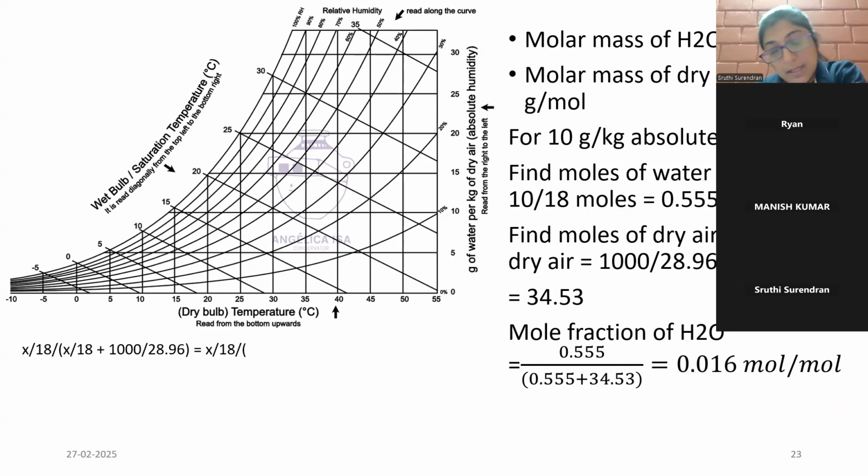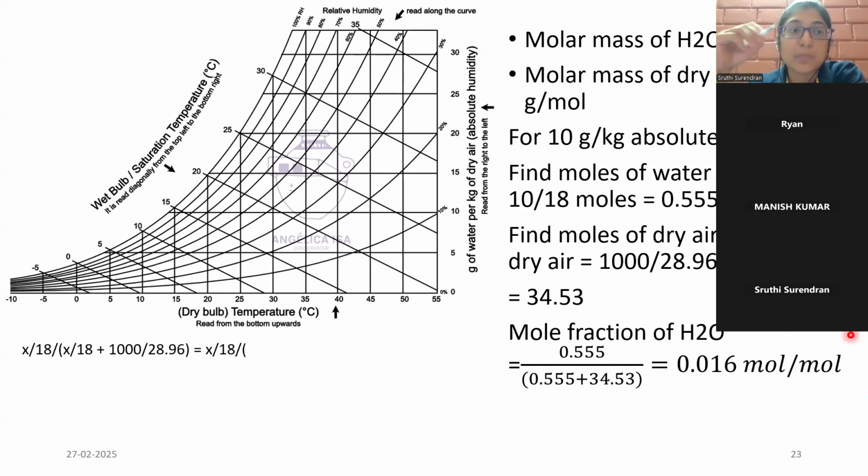Mole and mole will not cancel out. This is moles of water and moles of air, that is why we call it a fraction. So physically, if you look at it, it's two different quantities, and a fraction means it is dimensionless.